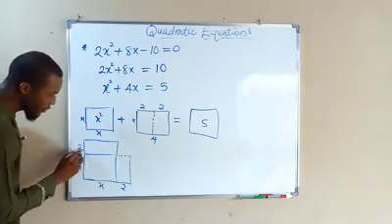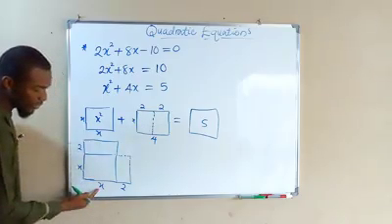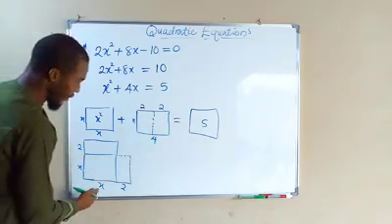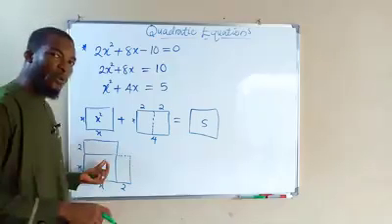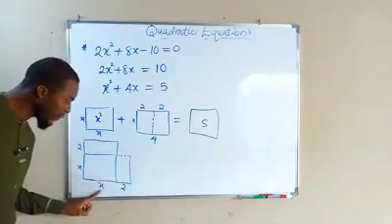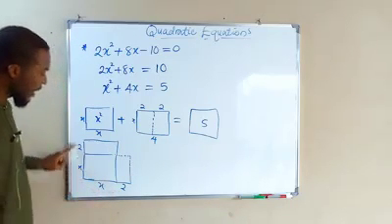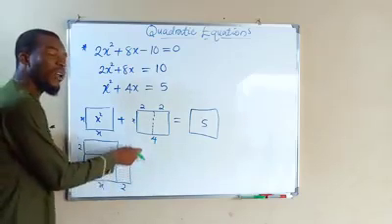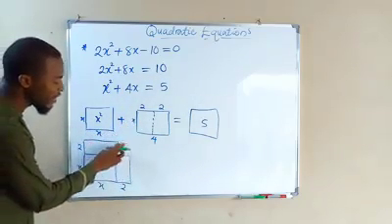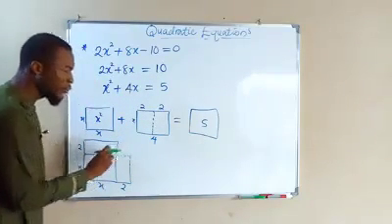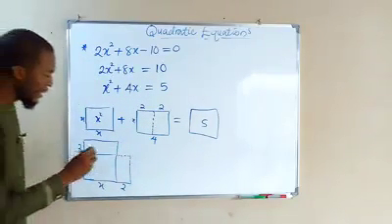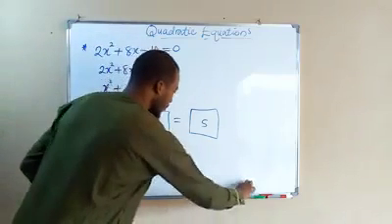This side is 2, and this side remains x because it corresponds to this length of x. If you look at this plane figure, it has a side length of x plus 2 and x plus 2. But this side is not up to x plus 2 because there is a missing piece here, which we now want to complete.